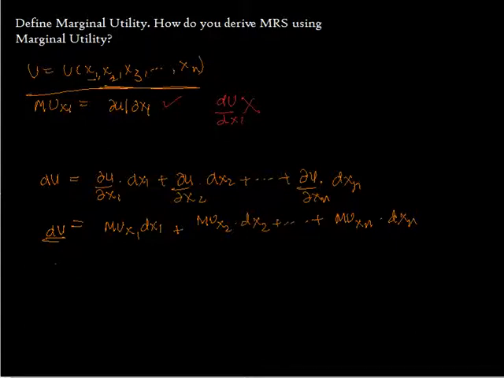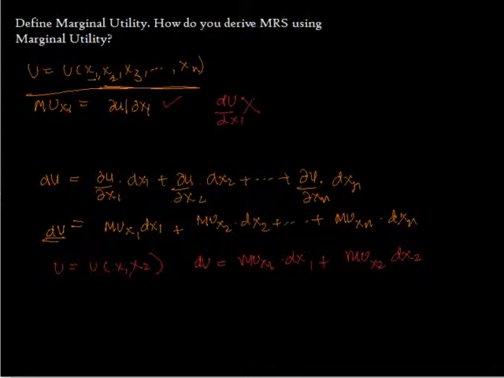Your total differential would come out to be MUx1 dx1 plus MUx2 dx2, like this.